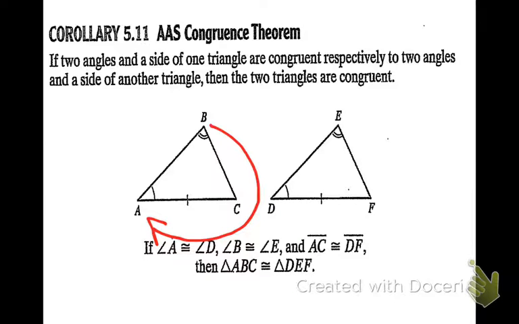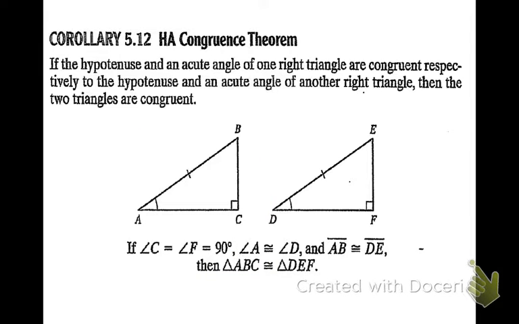If I go counterclockwise, then I've got angle, skip a side, angle, side. I can't call it angle, side, angle if I skipped two parts. Any questions? Okay, so that's angle side correspondence or congruence.